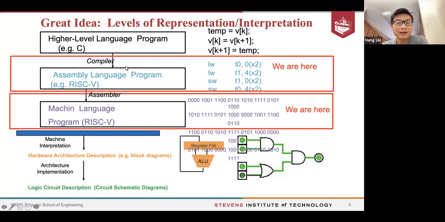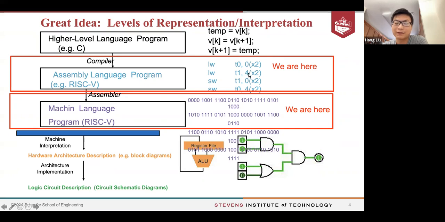And then you use the compiler to compile your program into assembly, right? So you first load the value from X2, I think it's the address of v, to T0, which is a register. And then you load the value of v[k+1], which is 4(X2).